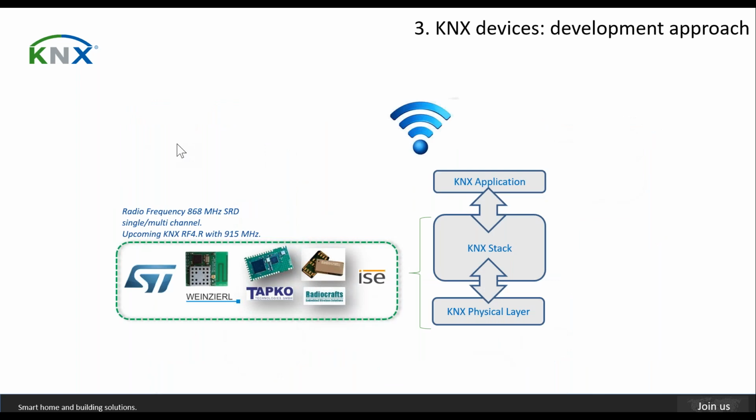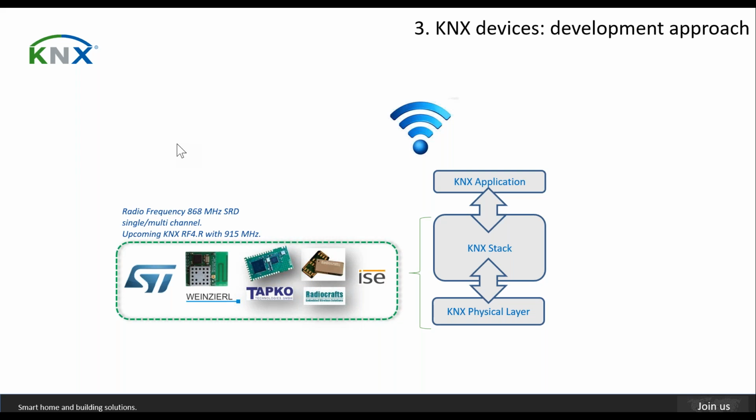The RF is also growing, which is very good. We have more and more certified KNX RF devices. You can see there, and this is rather new, we have a radio frequency of 868 megahertz. Many manufacturers say that that frequency carrier is not possible to be utilized in the United States or Japan.